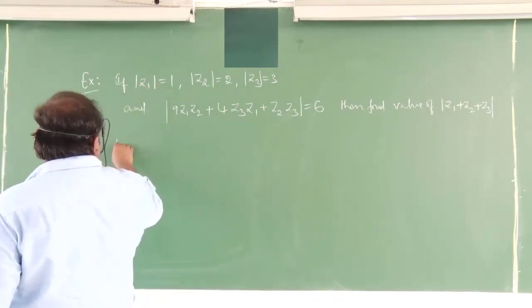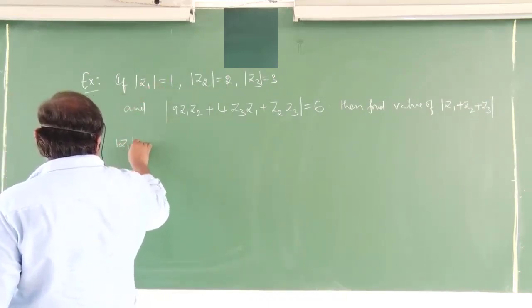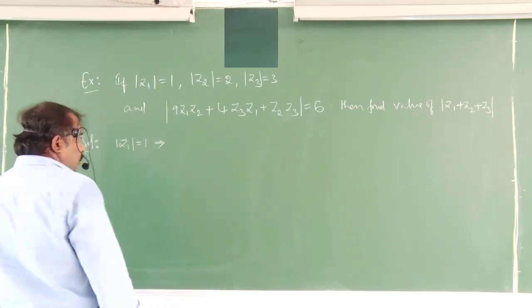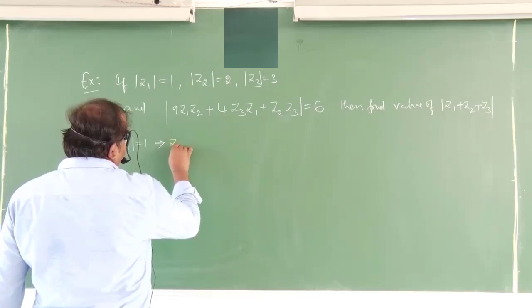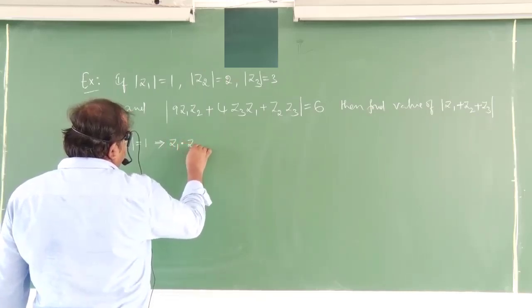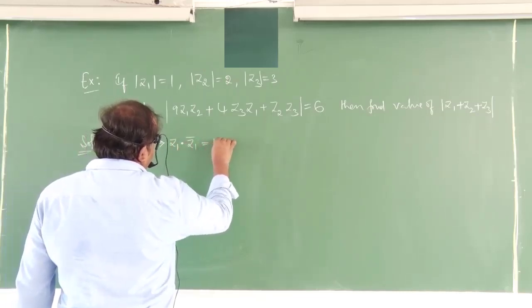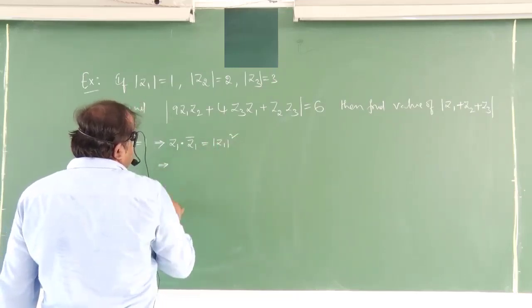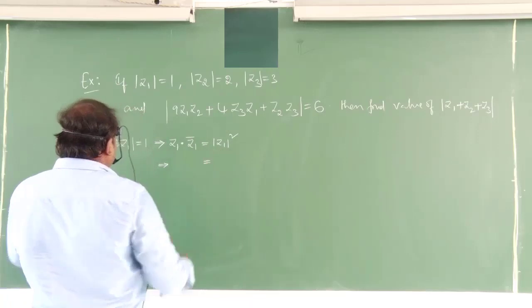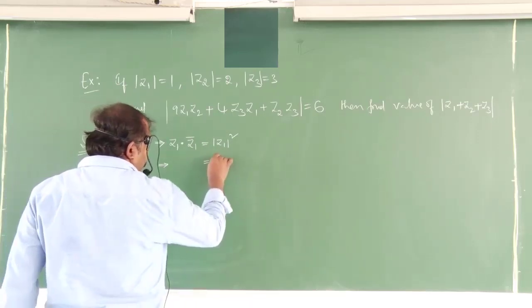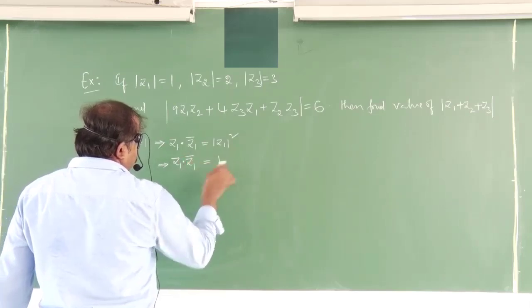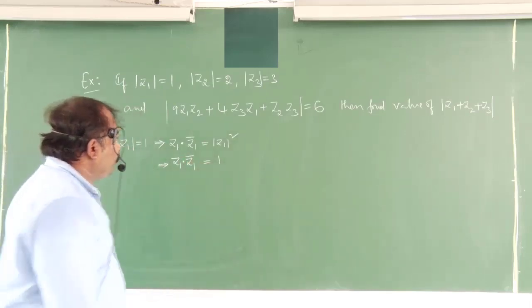First of all, modulus Z1 is equal to 1, which means Z1 into Z1 conjugate equals mod Z1 squared. What is the given value of mod Z1? 1. So Z1 into Z1 conjugate equals 1. This is the first point.